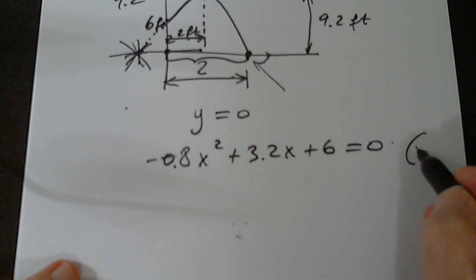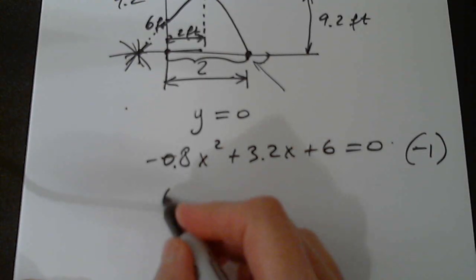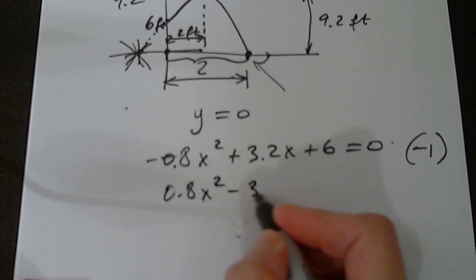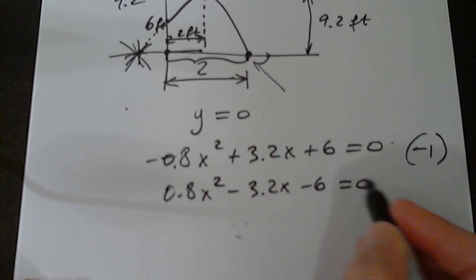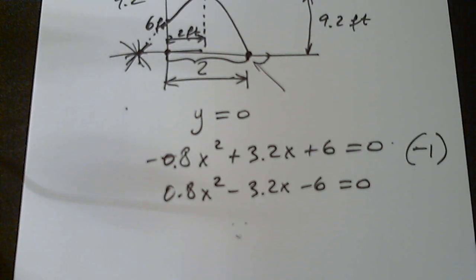Please refuse to ever solve an equation with a negative leading coefficient. Please refuse. Multiply both sides by negative 1. 0.8x squared minus 3.2x minus 6 equals 0. You don't have to do anything because you have a calculator and you are allowed to use the feature in the graphing calculator.